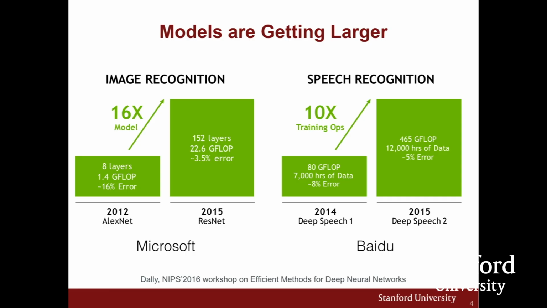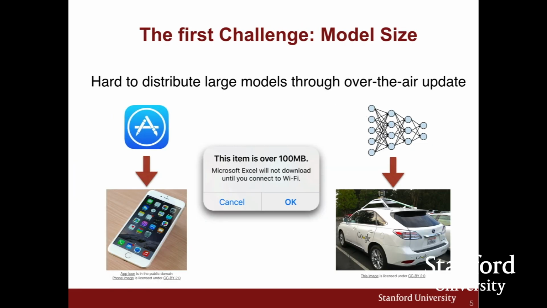And for Baidu's Deep Speech, in just 1 year, the number of training operations increased by 10x. Such large models create lots of problems. For example, the model size becomes larger and larger, so it's difficult to deploy them on mobile phones.